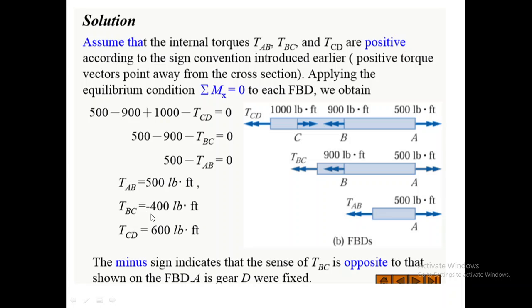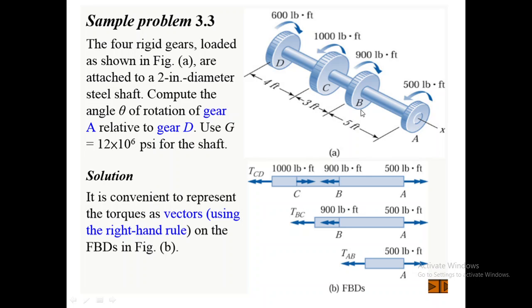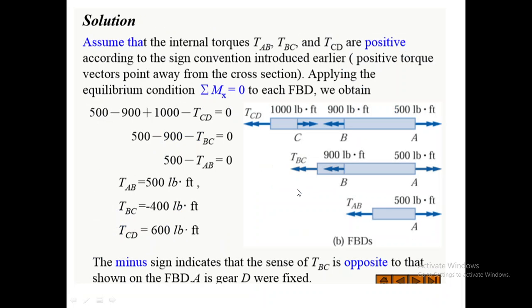You can see here the torque at portion BC is minus 400, since it is clockwise, and the torque at AB is 500 anti-clockwise direction. So anti-clockwise direction is taken as positive. So for portion AB, the torque applied is 500 Newton meter anti-clockwise.